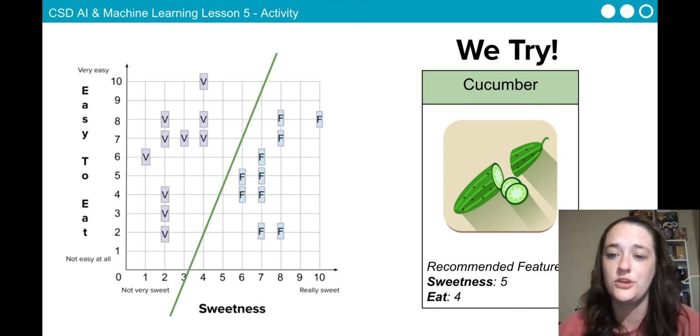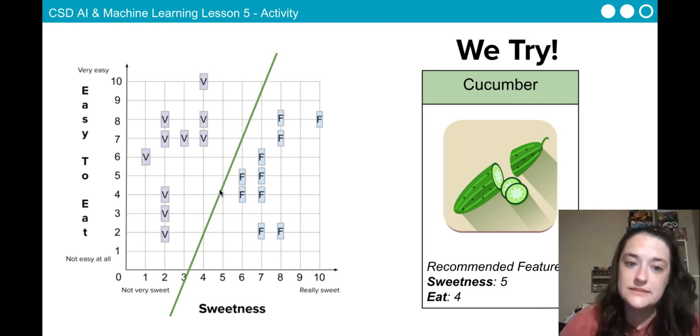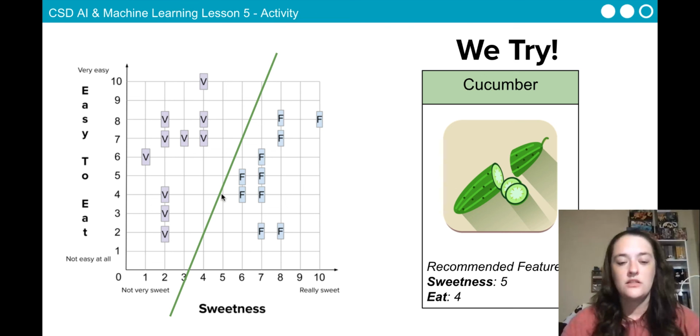Okay, what about a cucumber? Sweetness of 5, ease of eating of 4. Honestly, the ease of eating should be like a 10 because I literally just picked up a little baby cucumber and just ate it. I mean, you rinse it off and then you just take a bite. It's not that difficult.